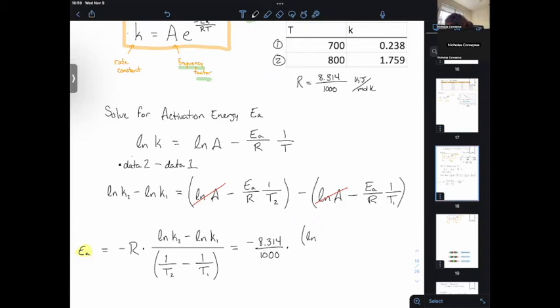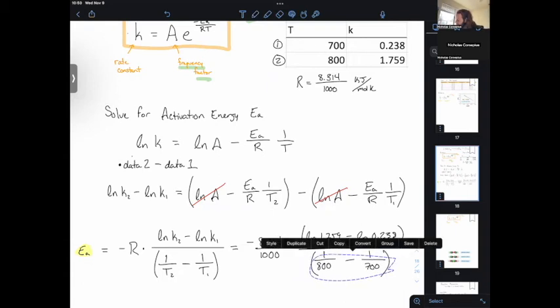The natural log of that second data point, 1.759, minus the natural log of that first data point, divided by 1 over the temperature from my second data point, minus 1 over the temperature from my first data point. Again, putting it in parentheses so that when I put it in my calculator, my order of operations doesn't get messed up.